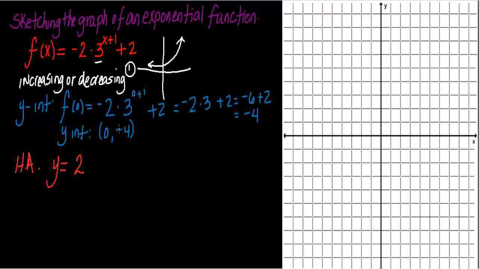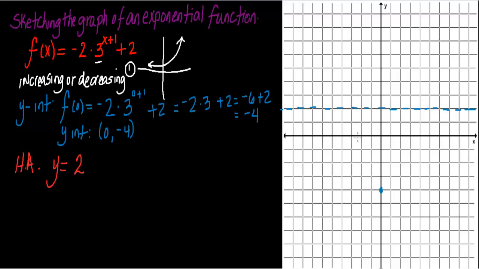Let's plot our y-intercept. It's at (0, negative 4), so 1, 2, 3, 4 right here. That is my y-intercept. My horizontal asymptote is at y equal to 2, 1, 2 right here. That is my horizontal asymptote all across this line y equal to 2.